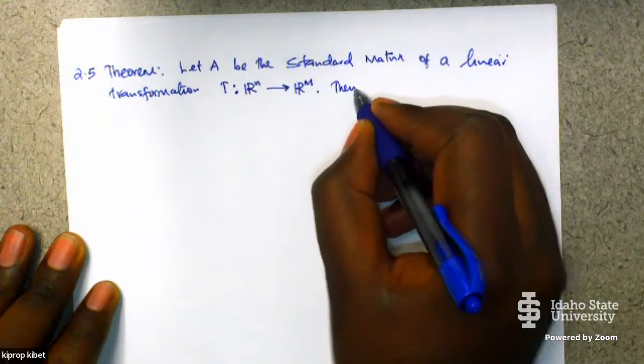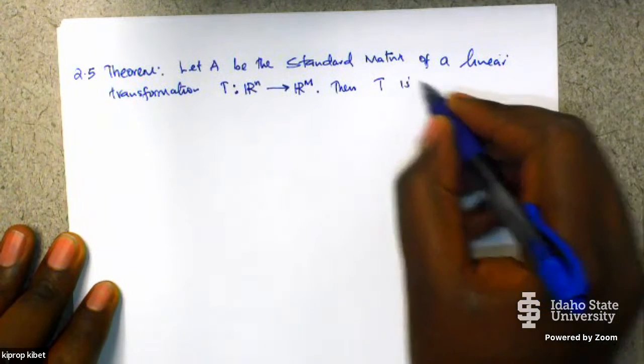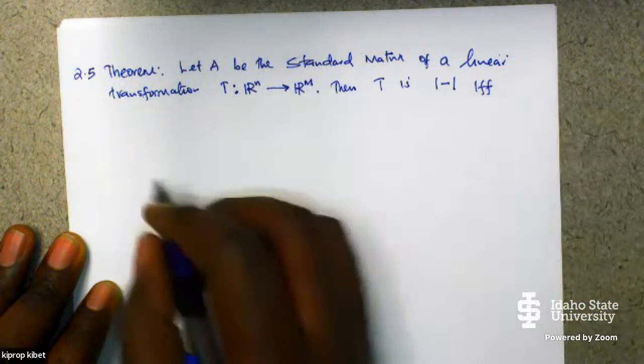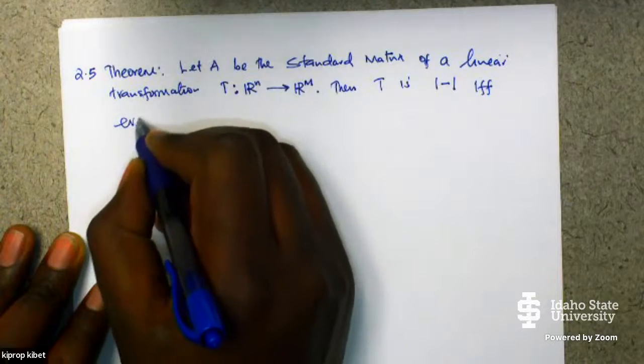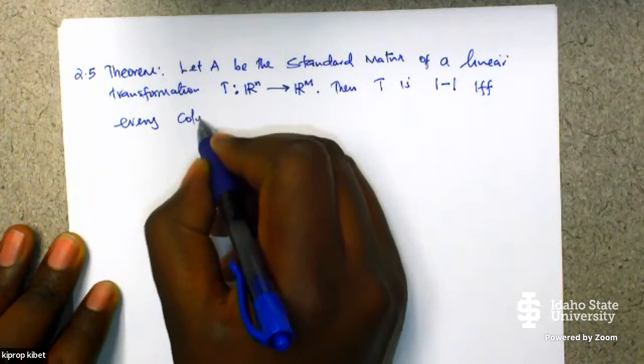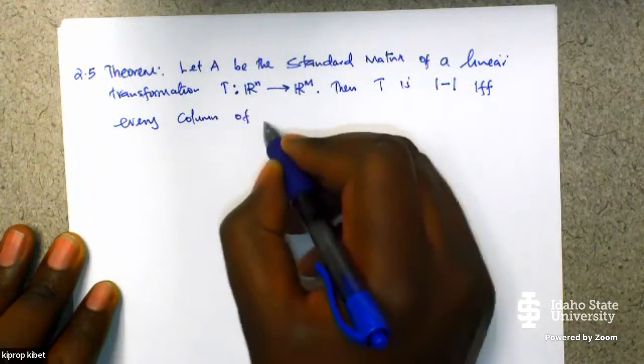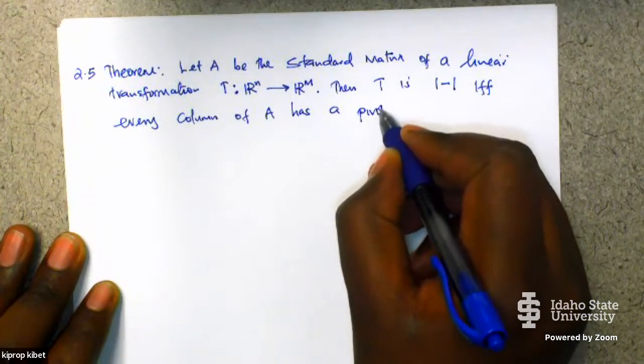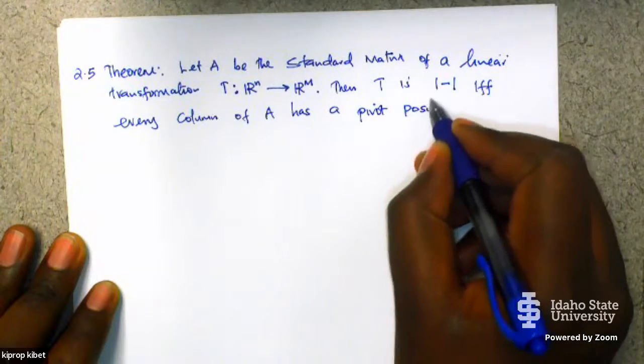then T is 1-to-1 if and only if every column of A has a pivot position.